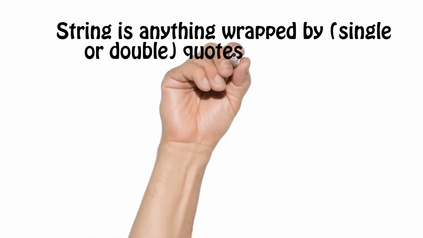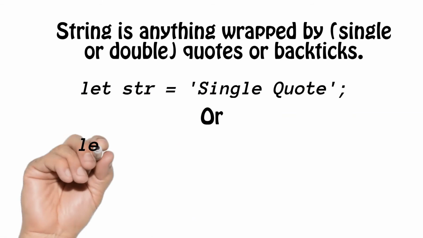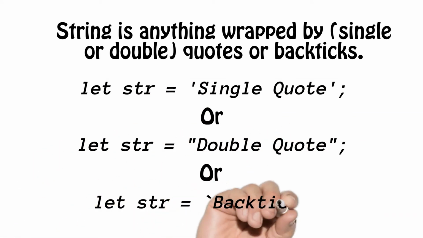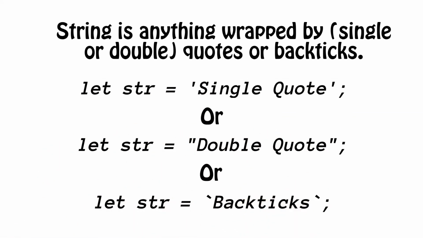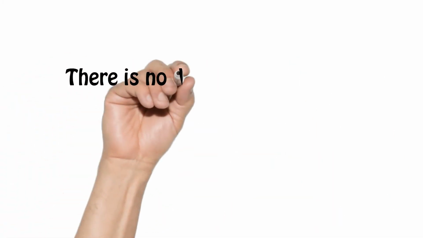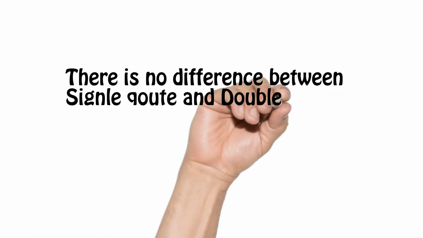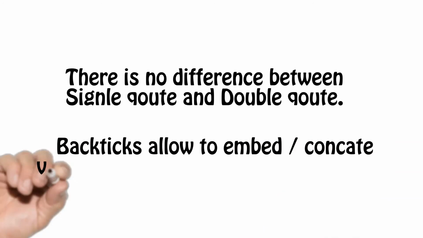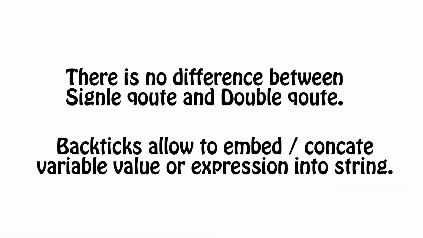String is anything wrapped by single quotes or double quotes or backticks. There is no difference between single quotes and double quotes, but backticks have some little difference. You can embed or concat values or expressions into a string very easily.